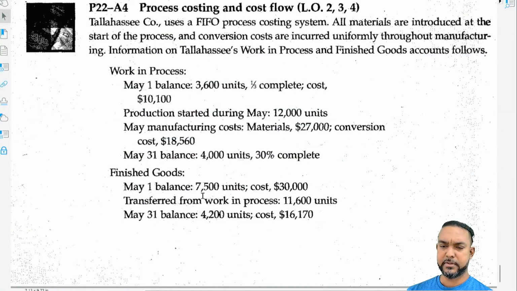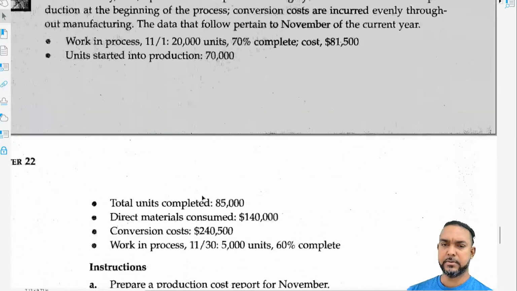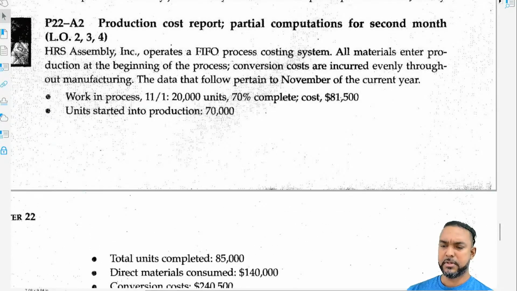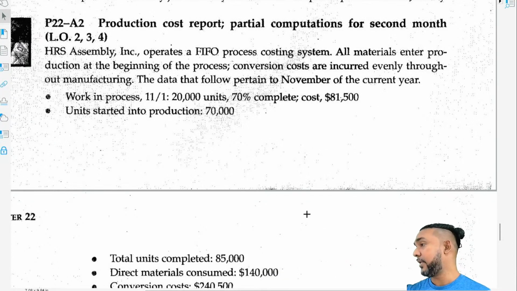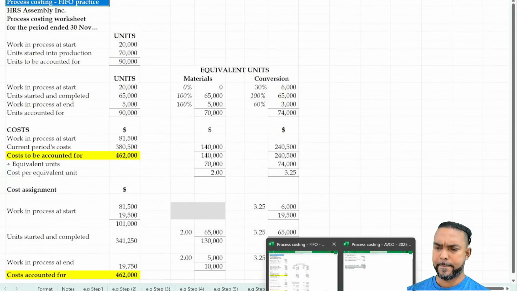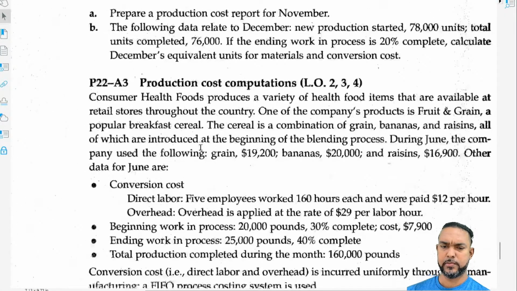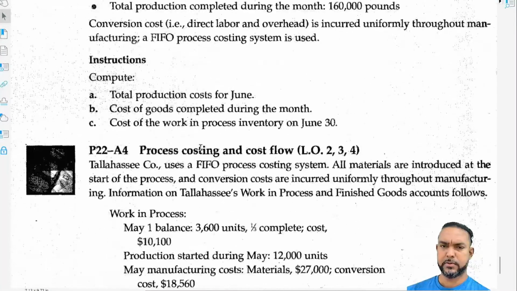It's not Venice. Where's Venice? Tallahassee, consumer. Hold on, what was the next question? Oh no, wait, that was it. That's why I stopped last year. This says Venice, right? Where is Venice? Consumer process costing.